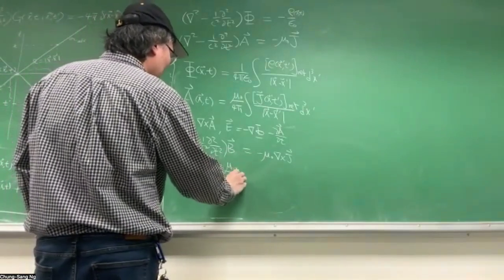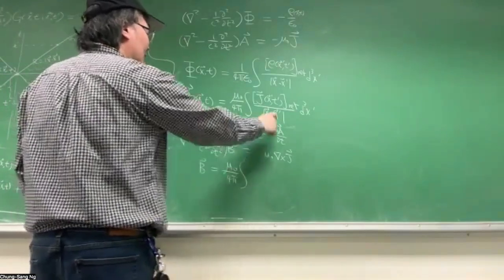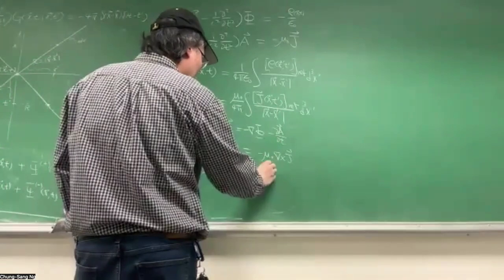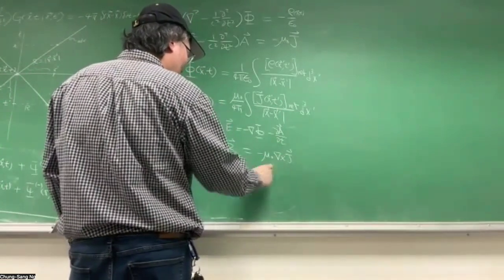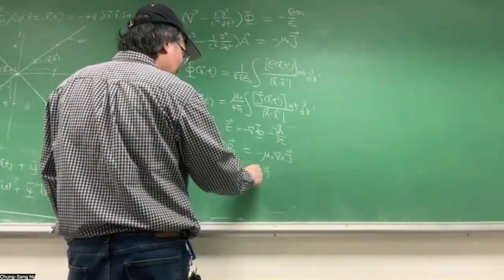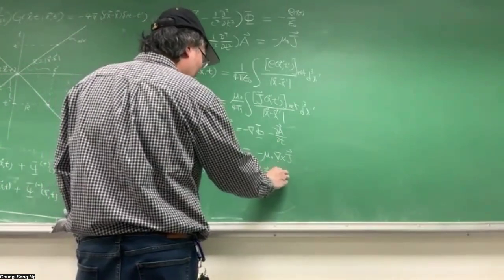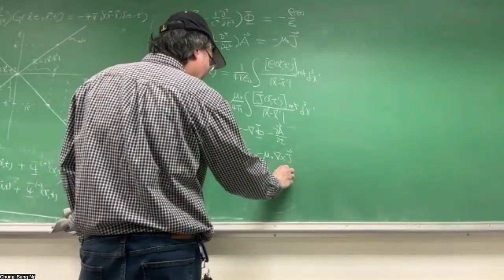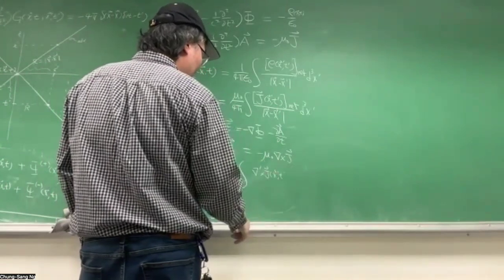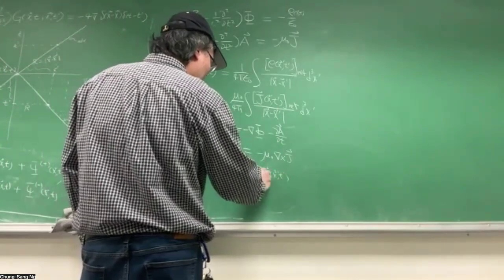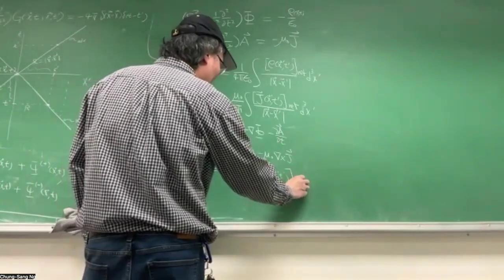B equals mu0 over 4 pi, except that now instead of J here you put the curl of J. But when you put the curl here, this is a gradient with respect to x prime, because now J depends on x prime and t prime, and then you do the retarded bracket.